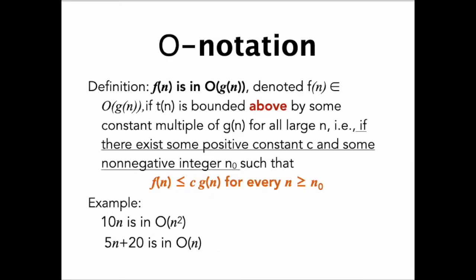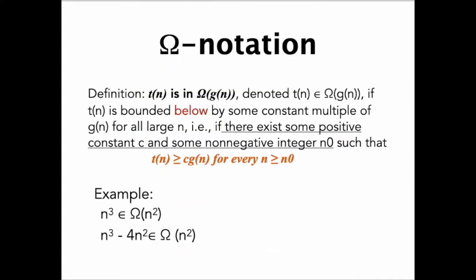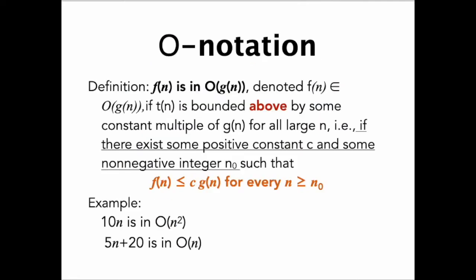So this is the formal definition of O notation, omega, and theta notation. I have some few examples here. So 10n is in O of n squared. It is because there exists some positive constant c and some non-negative integer n sub 0 such that we can claim this inequality.